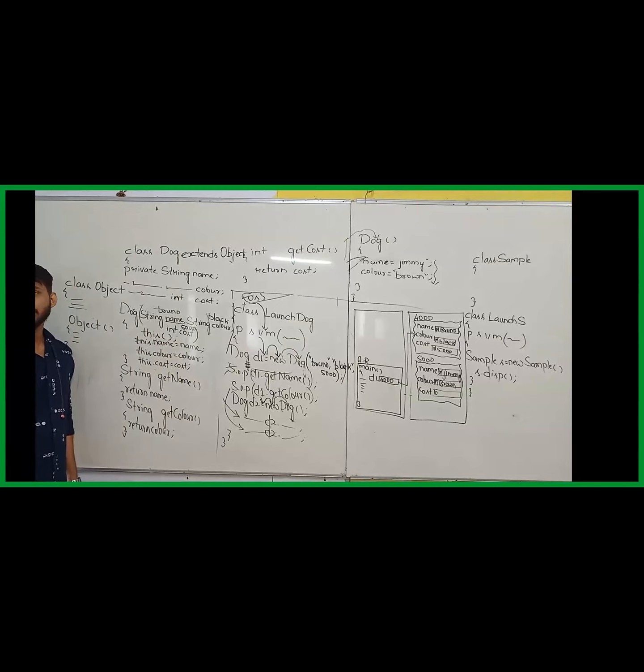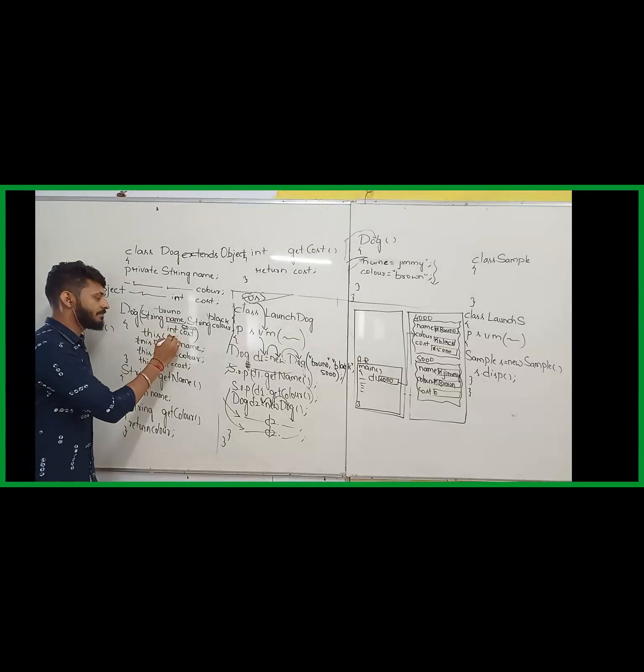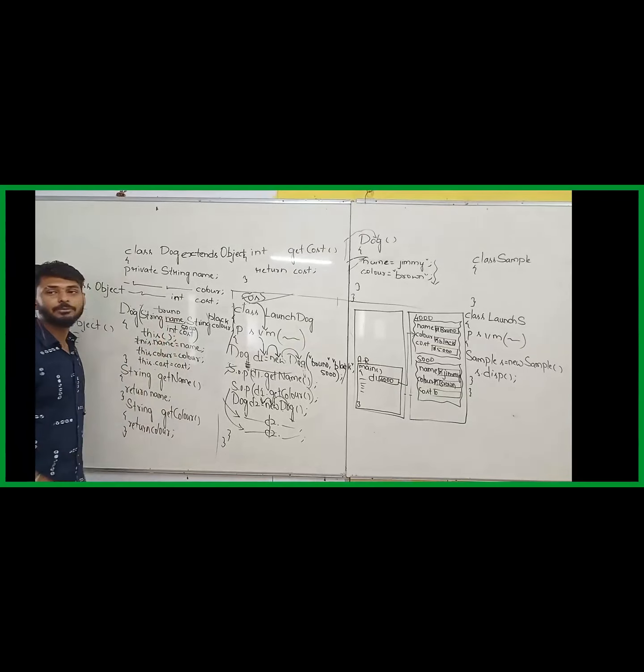Be it this or be it the super method, if they are present inside a constructor, they should only be the first line. No one else can be there. Both of them have the same expectation. If I am there, I should only be the first line.